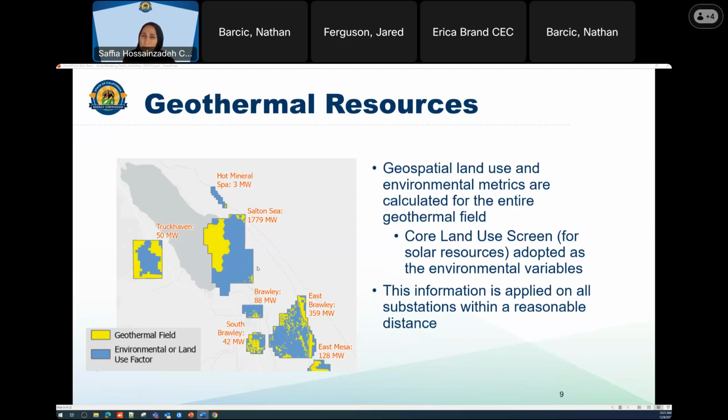It might be summarized to the Mirage substation or the Imperial Valley substation as the intertie points. Whereas with the geysers, we might specifically be looking at the substations to make that link between the geospatial and environmental evaluation and the substations that can support it.